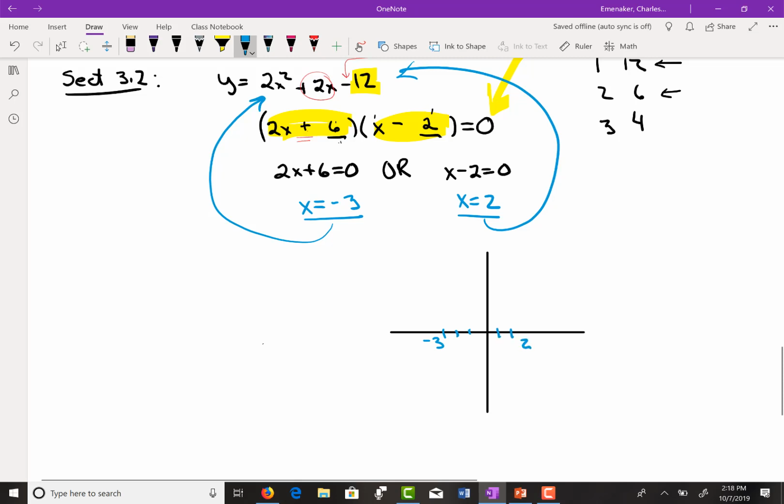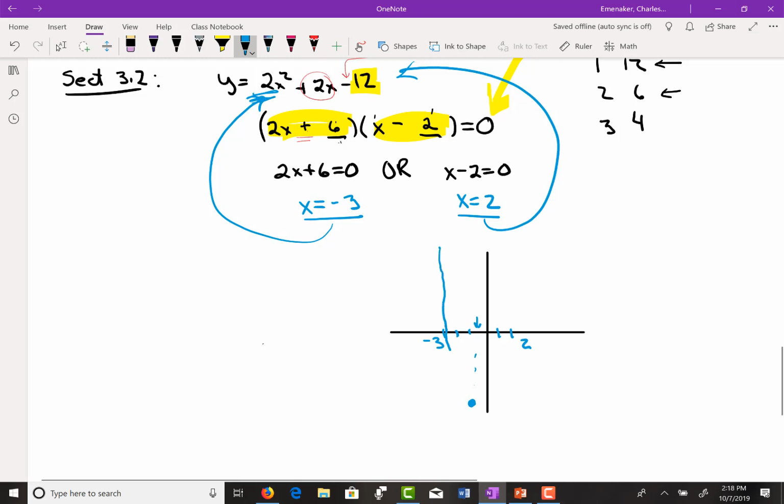Now, the vertex is halfway between those, isn't it? So the vertex is going to be like here at -1/2. And it's got to be somewhere down here. How do I know it has to be down there? It opens upward, right? The leading coefficient is positive.